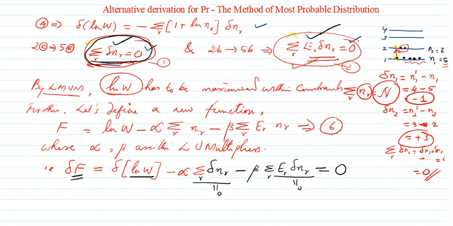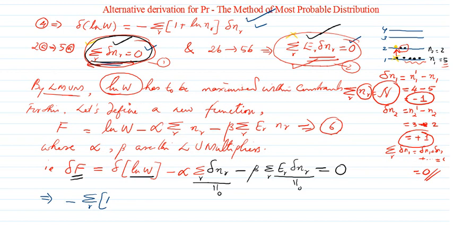Now can we substitute for all these quantities? We have delta of log w equal to this one, which is equation number 4. So I am substituting delta of log w, which is minus sum over r. Be very patient, please. It is a bit lengthy derivation as it seems now, but it will be completed within some 5 minutes once you do it in a single stretch after understanding every step.